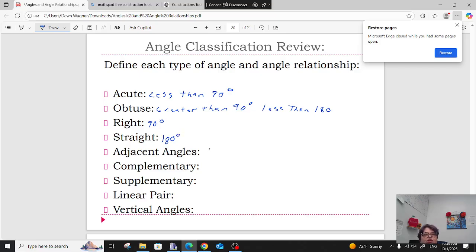Adjacent angles share a common vertex and side. Complementary, the sum is 90. Supplementary, add up to 180. Yep, sum is 180.